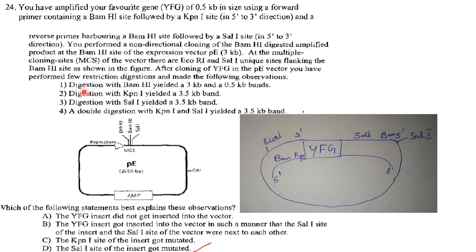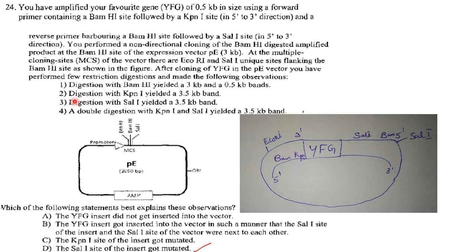So first we will see. Digestion with BAMH1 yields a 3 kb and a 0.5 kb band. So here you have BAMH1, here you have BAMH1, it will release the insert which is 0.5 kb and this will be the vector backbone which is 3 kb, so you will get a 0.5 kb band and a 3 kb band.